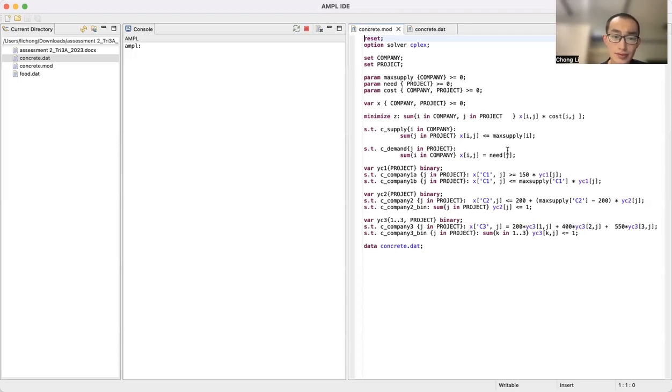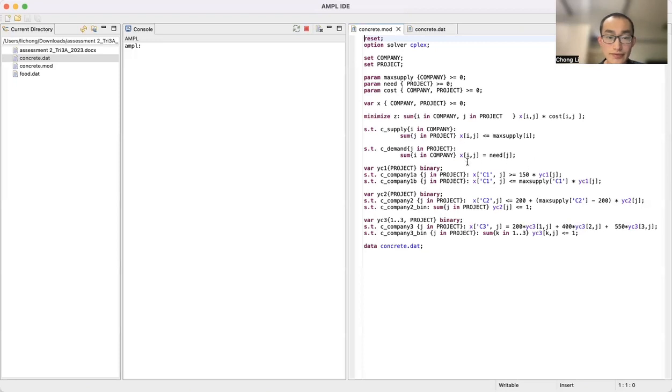And for the next two lines in the constraint, you can see for every project in the list, the total quantity of concrete that the companies supply to this project equals its needs.